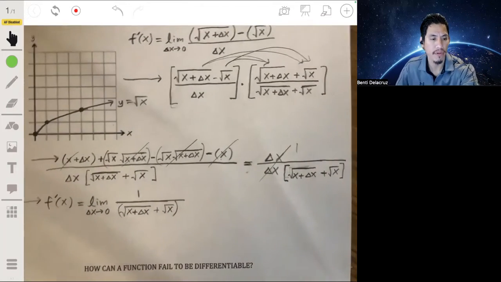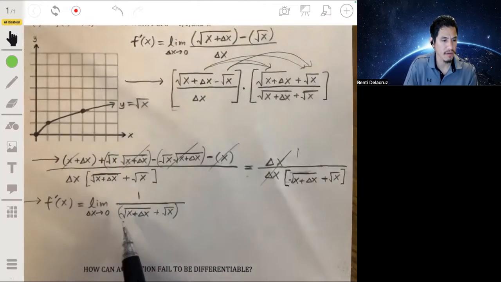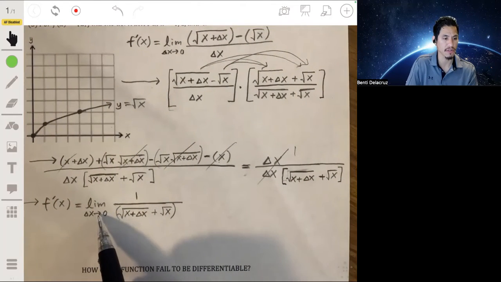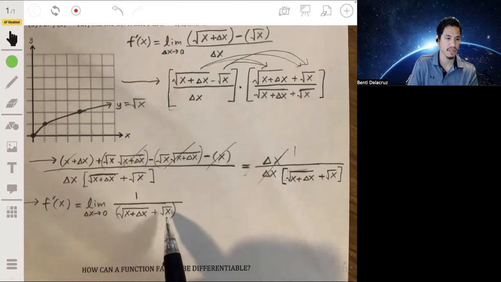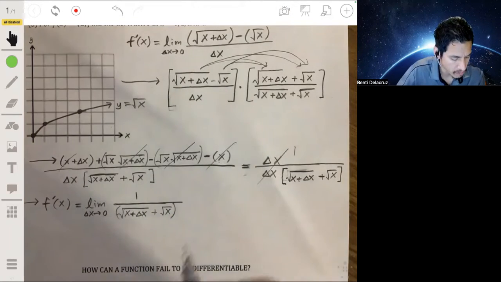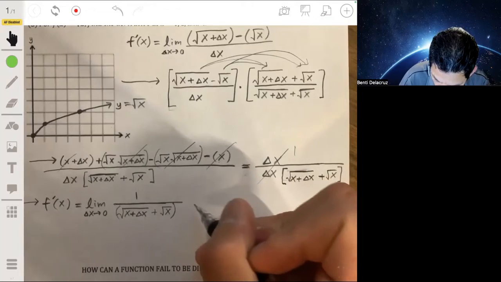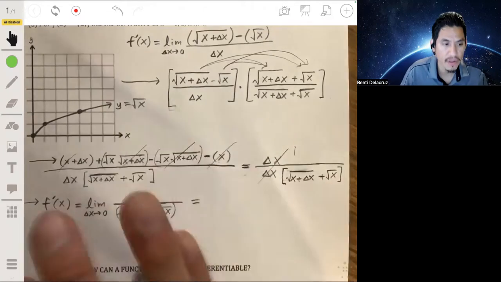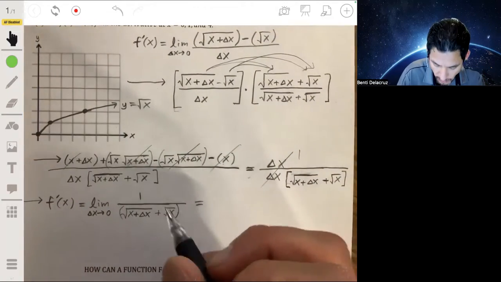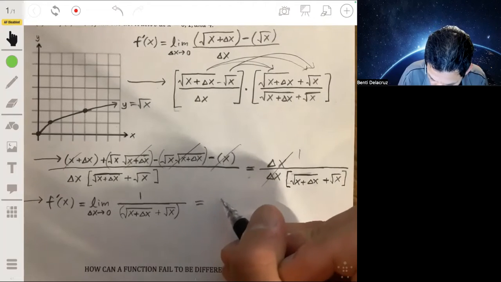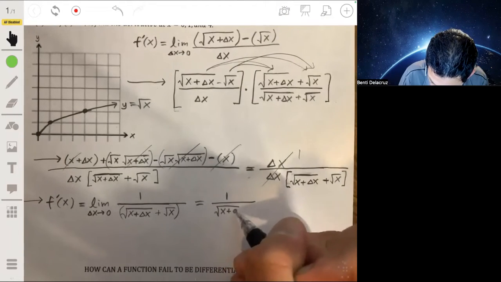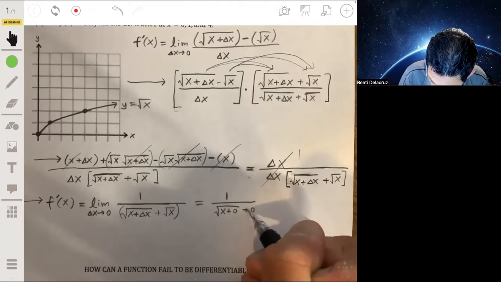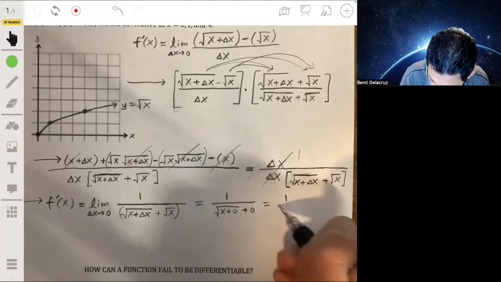Now we can plug 0 in for delta x, because it's not going to cause any issues. We'll just have the square root of x plus 0, which is the square root of x, plus 0. And that's all good, because we're not going to have any undefined expression left. So this will just be equal to 1 over the square root of x plus 0 plus 0. So it should be 1 over the square root of x.